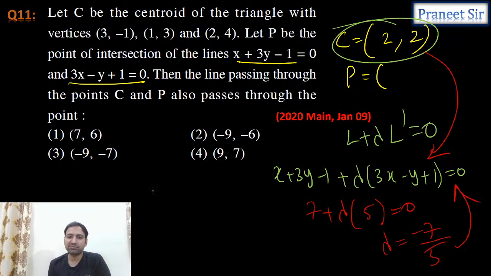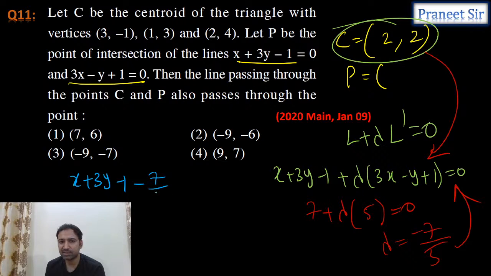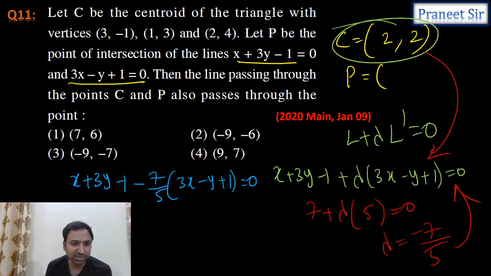Substitute this lambda value here. If you substitute this lambda value here, how much do we get? The required equation we are getting as x plus 3y minus 1 minus 7 by 5 into 3x minus y plus 1 equals 0. Now we need to solve this equation.